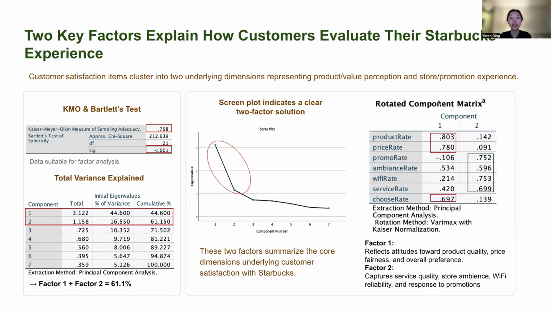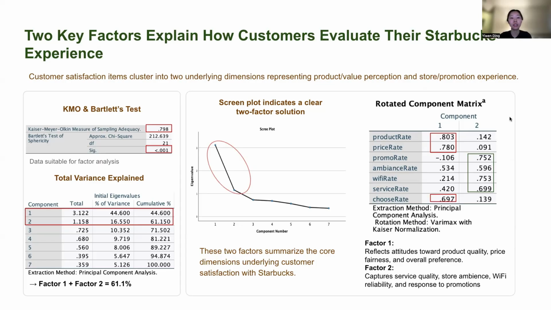Looking at the rotated component matrix, the first factor loads strongly on product rate, price rate, and the choose rate. These items relate to customers' perception of product quality, price fairness, and overall preference. So we interpret factor one as product and value perception.